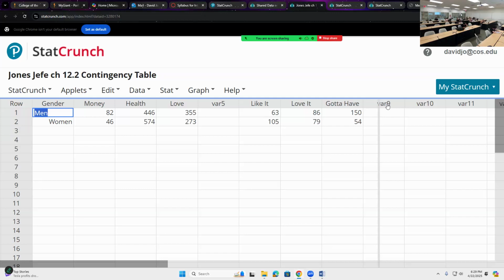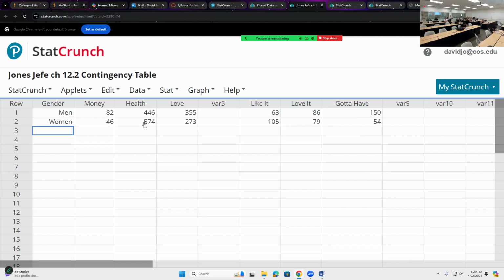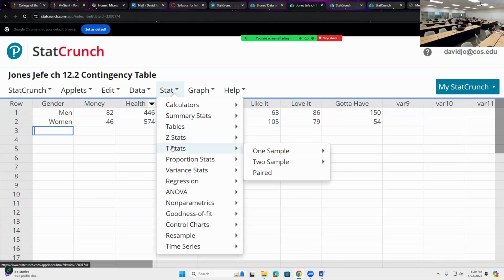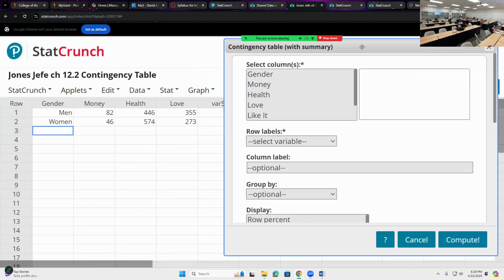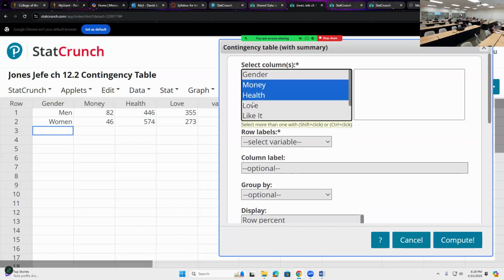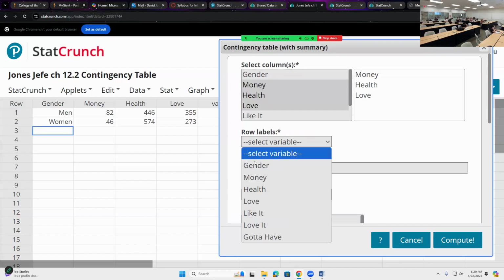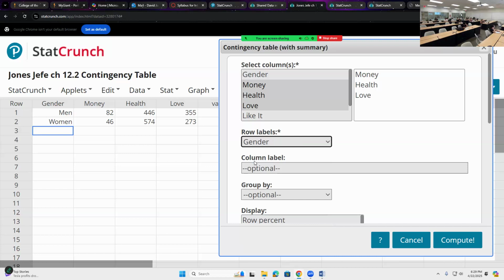So this is what we had on the table: money, health, love, gender, men and women. We'll keep the stuff and then we'll go back to the paper to work out that full test. We're doing stats, tables, contingency with summary. The columns we're looking for are money, health, and love, where the row labels are in gender.